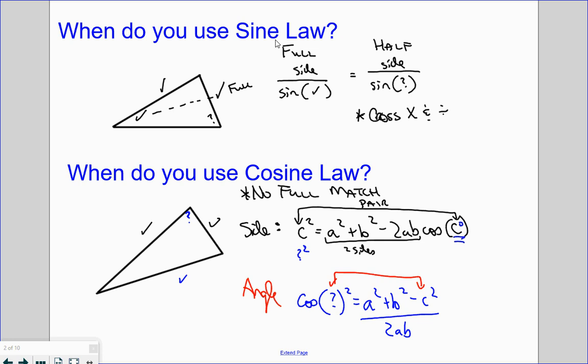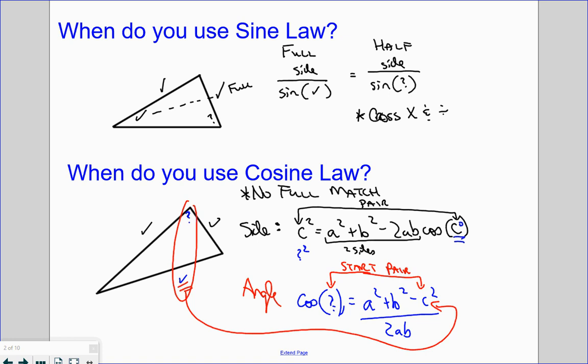Oh, that little squared shouldn't be there, sorry. So what you do is you start with the pair, the half pair, so you start with this. This one has to go into that number there, and then the other two sides go into the other two spots.